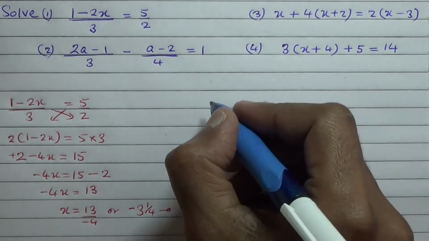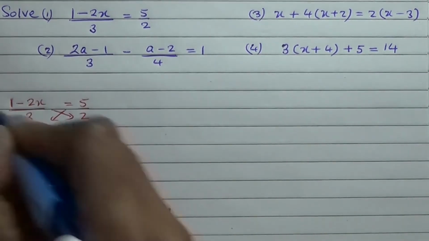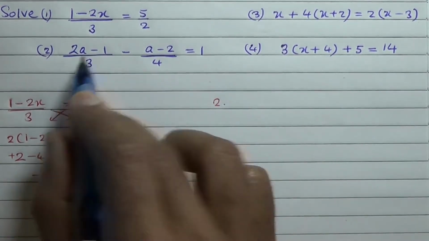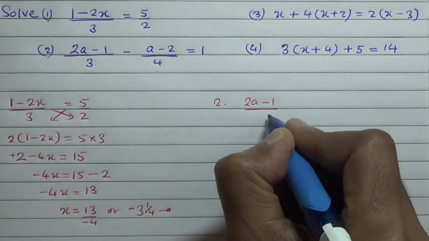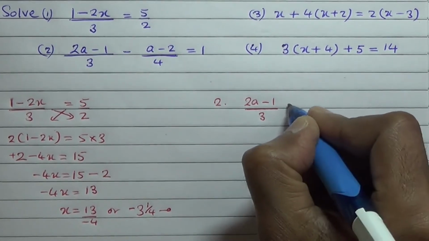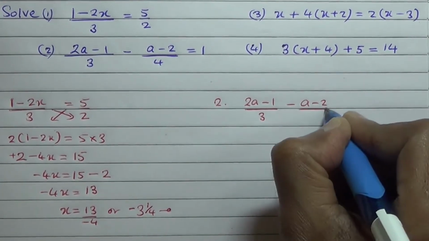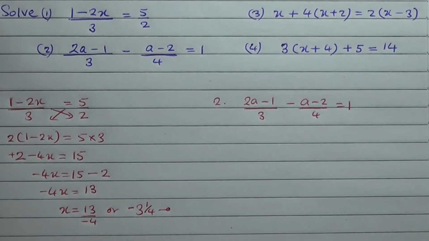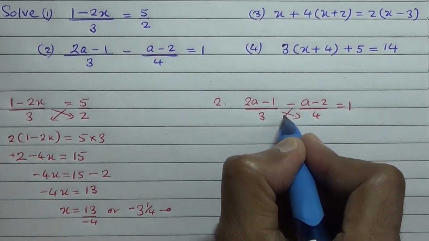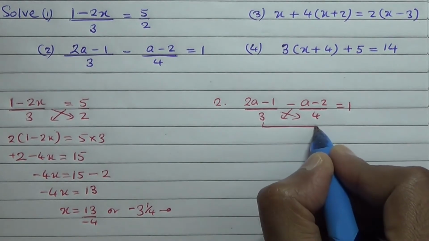Now the second part, the second equation, I have this. So let's do that. This is number 1 and then number 2. I've got 2a minus 1 divided by 3 minus a minus 2 divided by 4 is equal to 1. So again we're going to do cross multiplication, but this time you multiply the denominators.